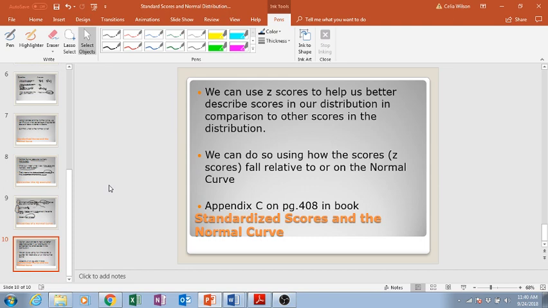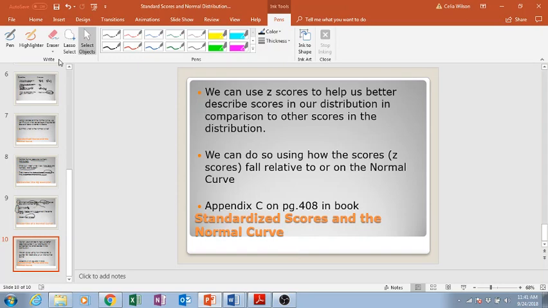All right, so z-scores are useful because we can describe, as I've said probably 5 times already, our score in comparison to other scores in the distribution. We can do that by looking at a table in our book and describing how they fall relative to or on the normal curve.